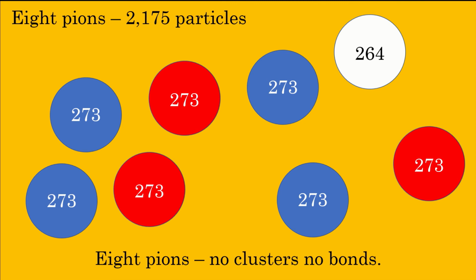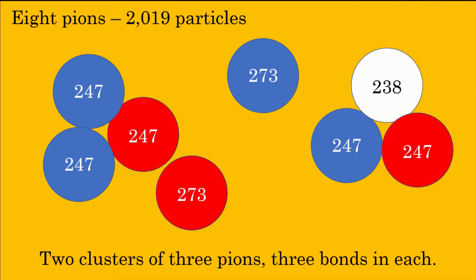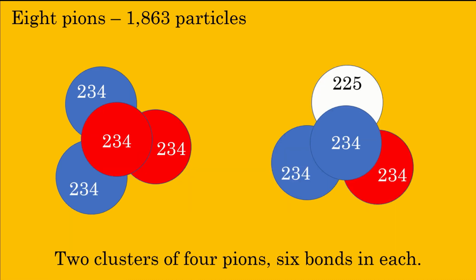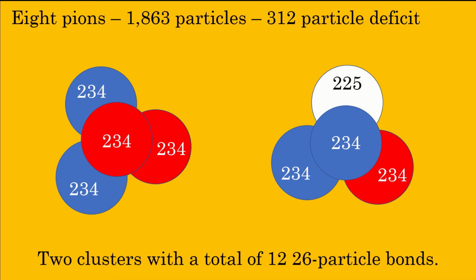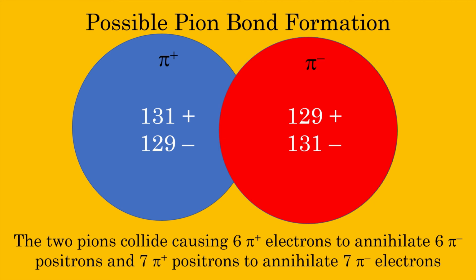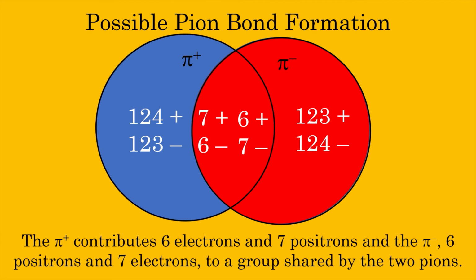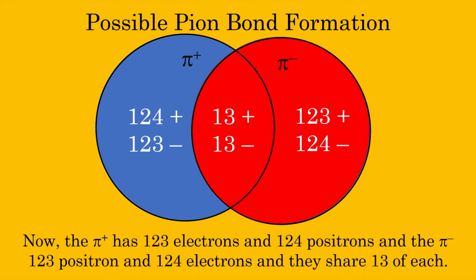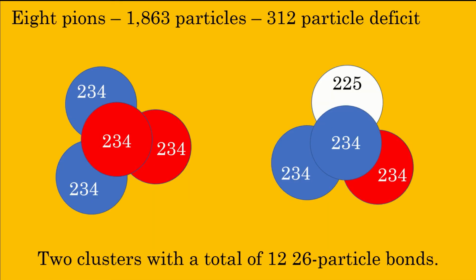For example, if the 8 pions form 2 clusters of 4 pions within the proton, then each cluster would form 6 bonds between the 4 pions. The 2 clusters would form a total of 12 bonds between the 8 pions. If the bonds formed when, during the collision that formed them, each of the colliding pions lost 13 electrons and positrons to annihilation, then compensated for the loss through sharing 13 of the other pions' electrons and positrons, each bond represents the 2 pions sharing 26 electrons and positrons, and the 12 bonds a total deficit of 312 electrons and positrons.